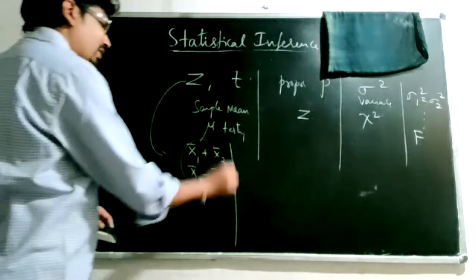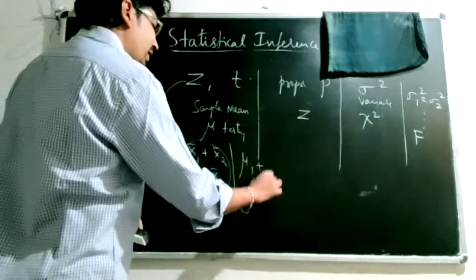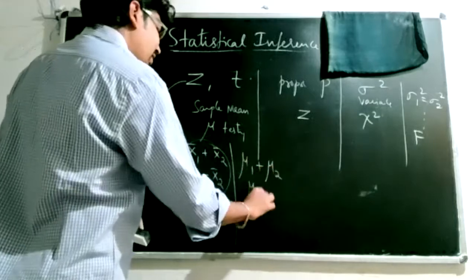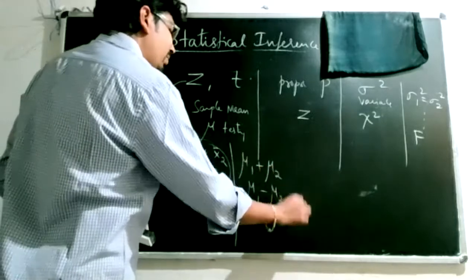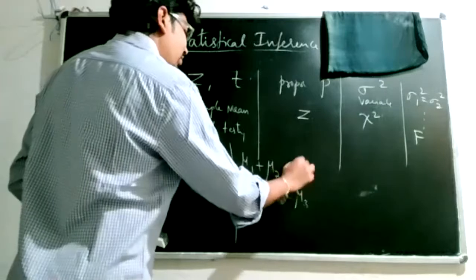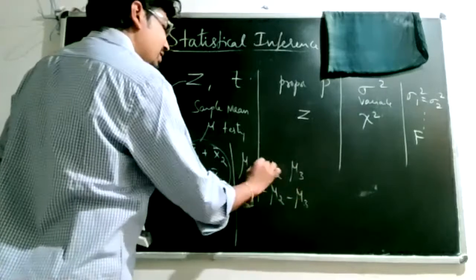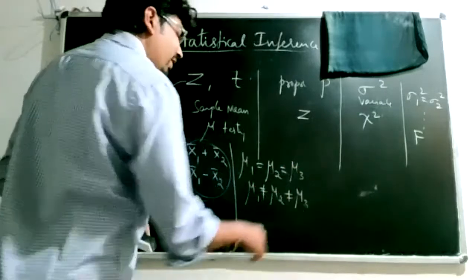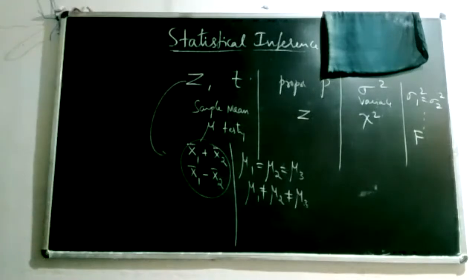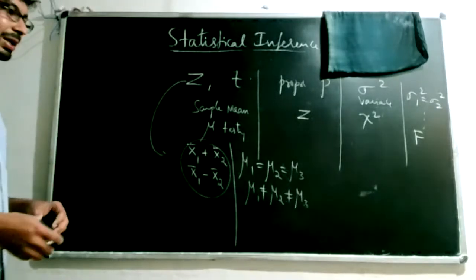So these will help you in identifying the cases where you're dealing with multiple populations. You want to see whether they are the same, whether they are different, what is mu1 plus mu2, what is the maximum it can take. So all such cases could be easily observed.